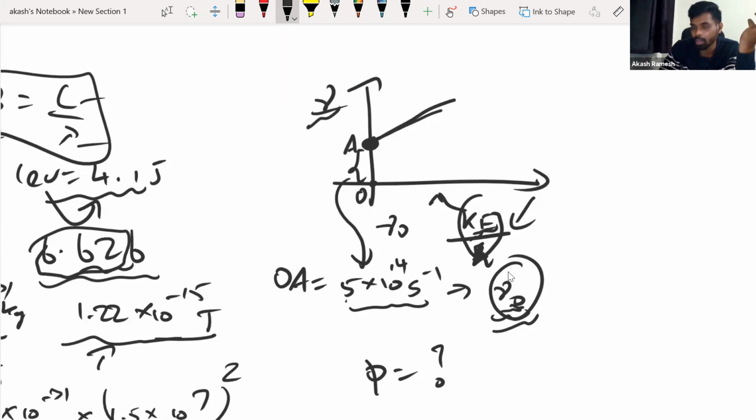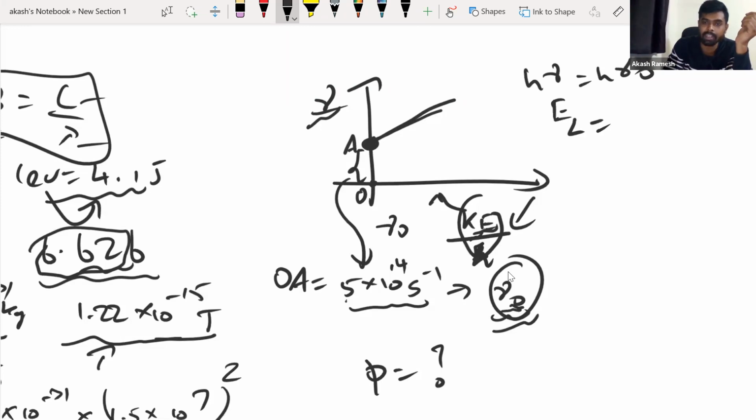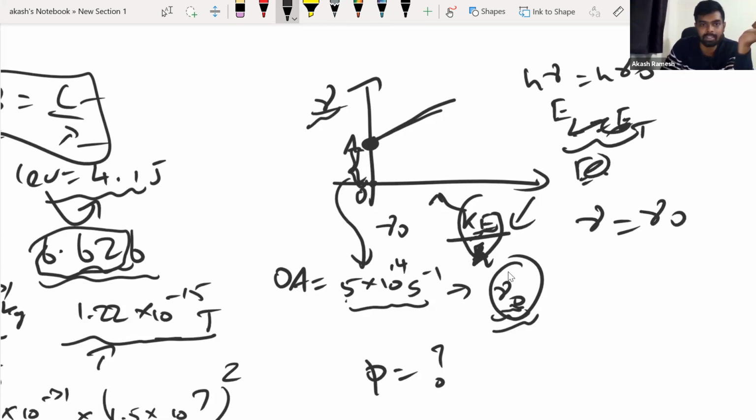Is it not understood now? If the energy of light is equal to the threshold energy, that is what is happening till this point. When nu is equal to nu naught, that is exactly at this point.